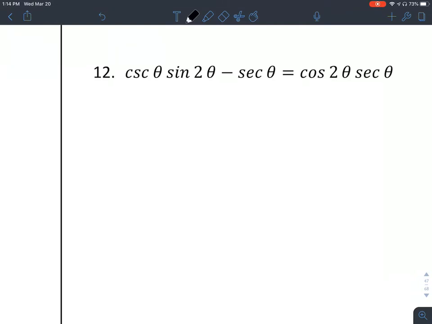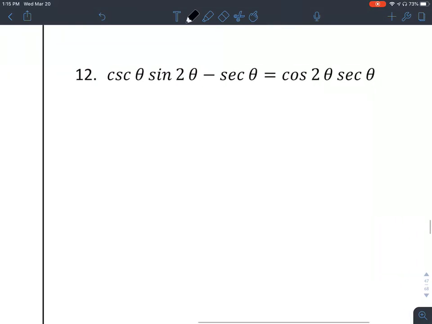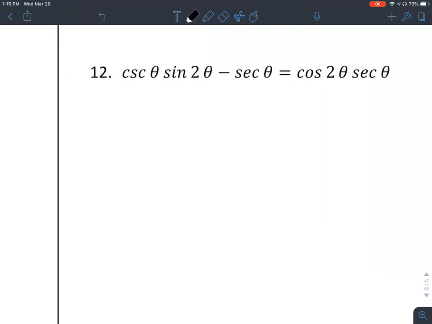I'm going to work with the right side and see what that does for me. No, I'm not. I'm going to work with the left side and see what that does for me. So this is the same as 1 over sine of theta. Cosecant of theta is reciprocal. Sine of 2 theta is 2 sine of theta cosine of theta.